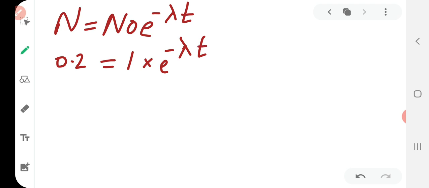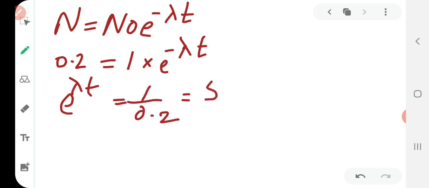So remember that if the initial mass is in gram, then the present mass should also be in gram. That is, the initial and present mass should be in the same unit. So rearranging we get e raised to lambda t is equal to 1 by 0.2, that is 5.